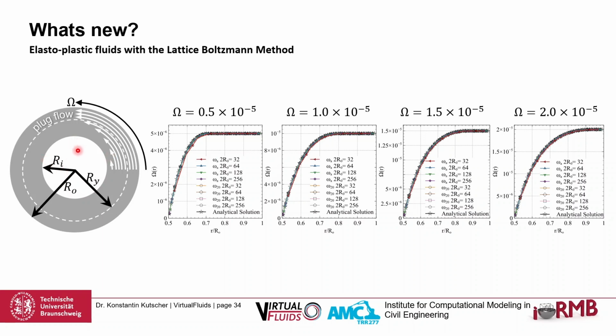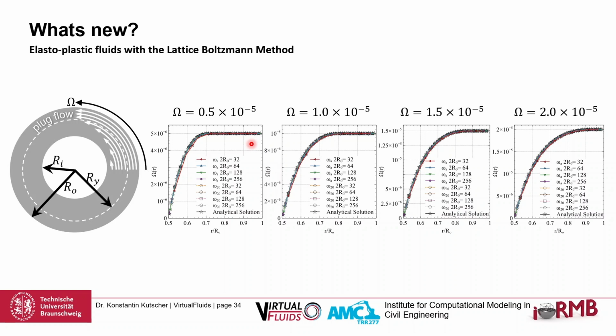Here you can see, if you have a Newtonian fluid, you have the typical parabolic profile, and for a non-Newtonian fluid, we have this characteristic shape where it moves like a solid.